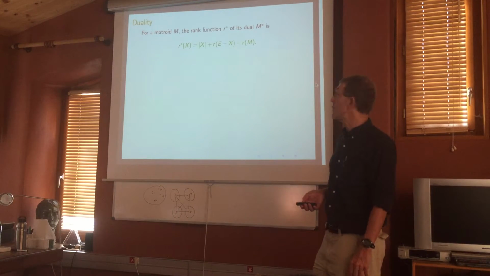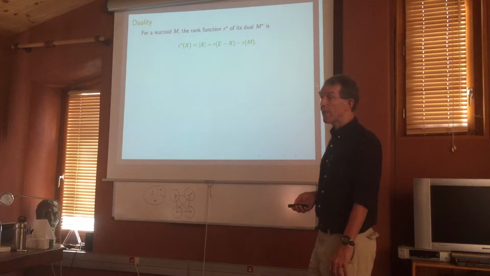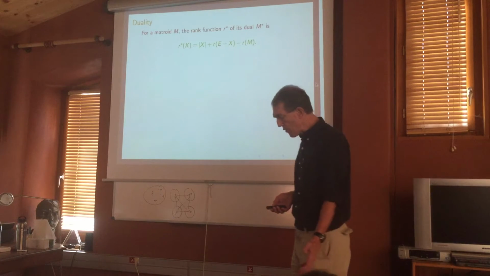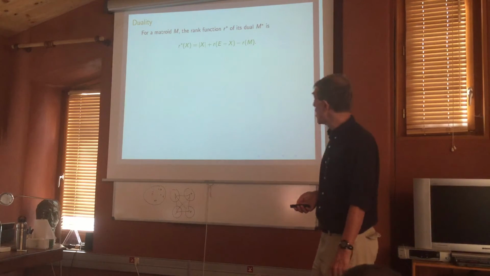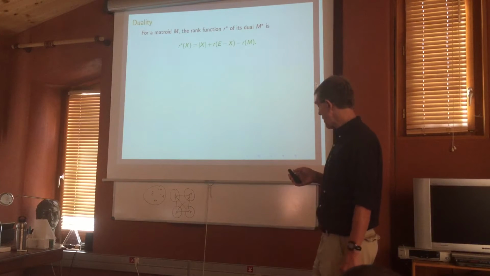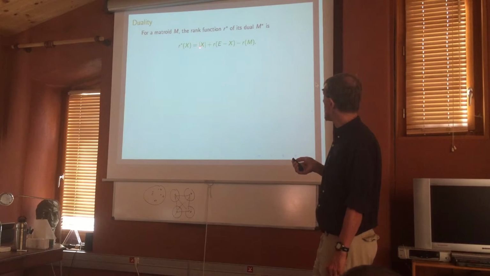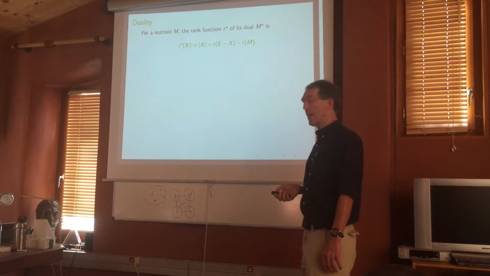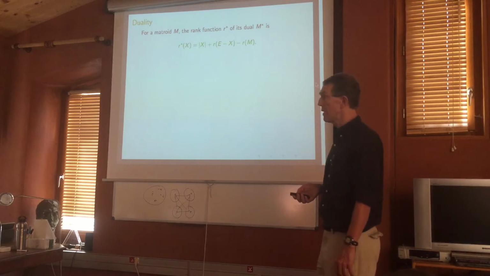This is the duality formula for the rank function of a matroid. The version we used in the polynomial stuff was you just take this x cardinality and multiply it by 2, and that gives you another 2-polymatroid. But it doesn't work in this context.